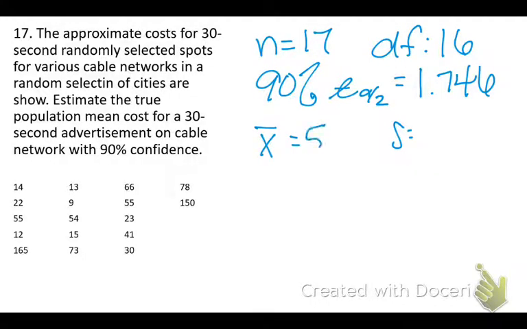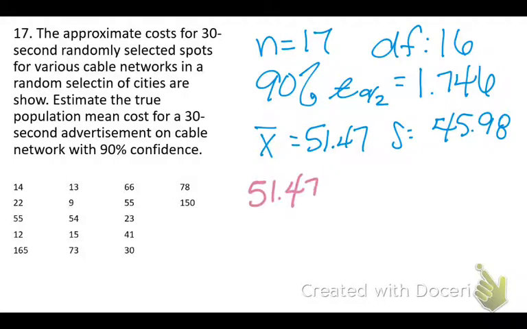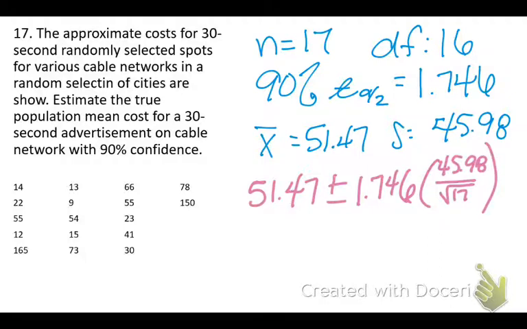All right, so that was 51.47 and 45.98. Now I'm going to plug it into the formula. This is going to say 51.47 plus or minus our 1.746 times 45.98 over the square root of 17.